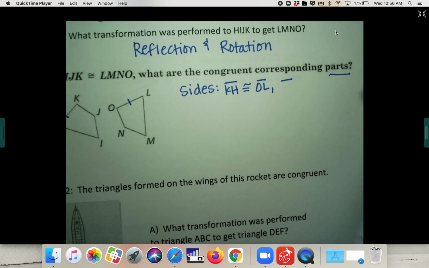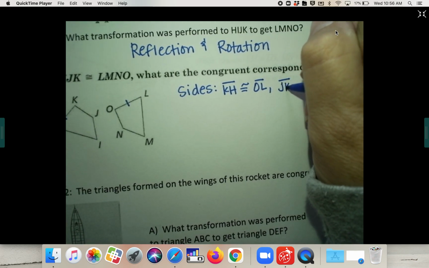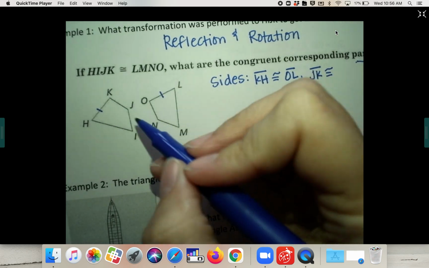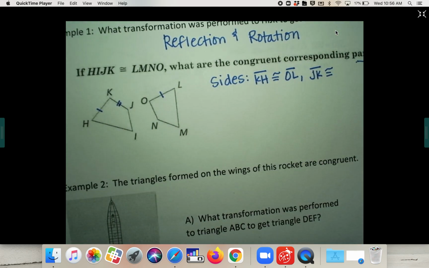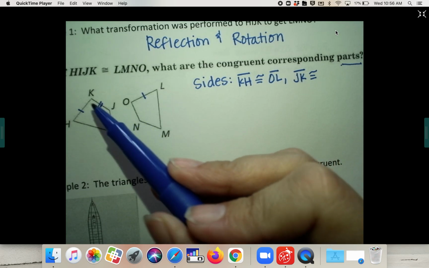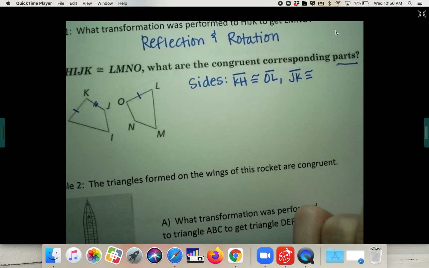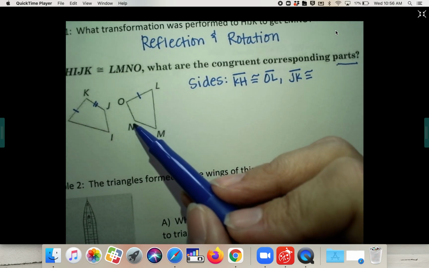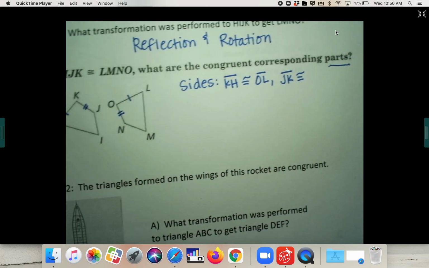All right, let's look at JK next. So JK, we'll put the little double hash mark here. If I go from J to K, then that would be corresponding to NO, in that specific order.